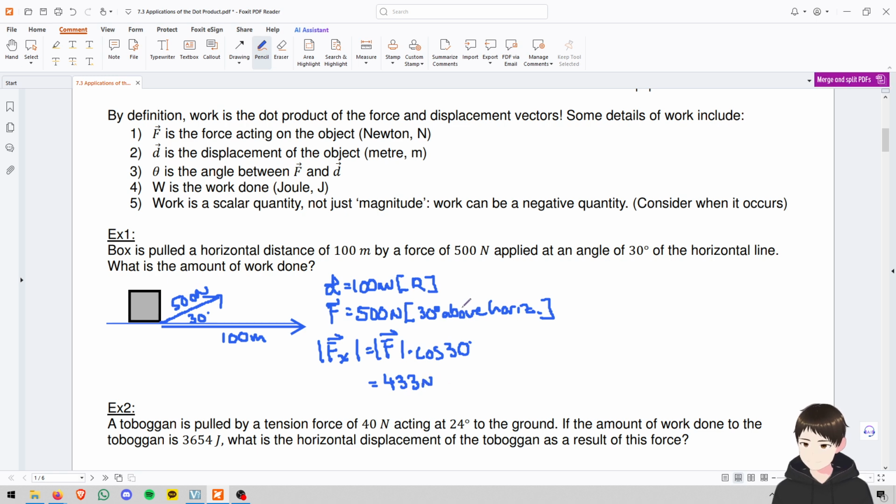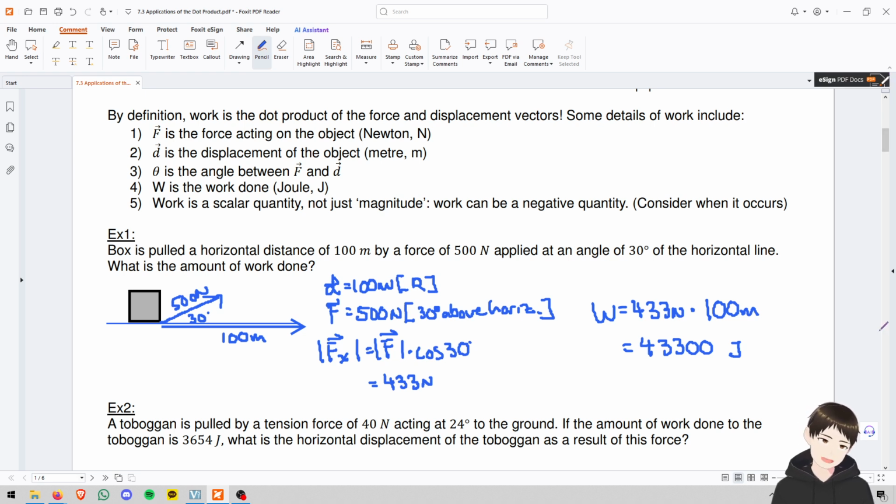So the work done would be 433 newtons multiplied by the displacement of 100. Remember, it's magnitude. And so we have 43,300 joules of work. That's it. Let's make things a little bit more complicated.